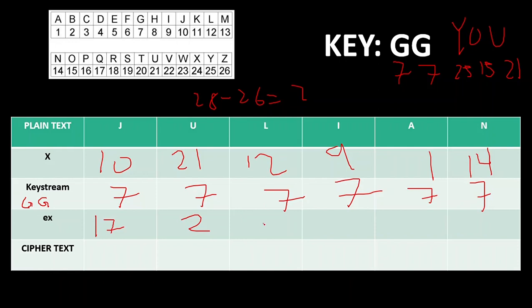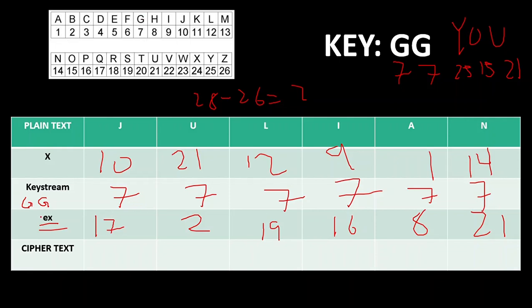17 plus 7 is 19. 9 plus 7 is 16. 7 plus 1 is 8. 14 plus 7 is 21. There we go. Now, all we have to do is to find the reverse. Basically, now we have numbers.